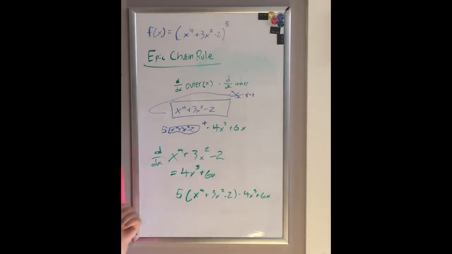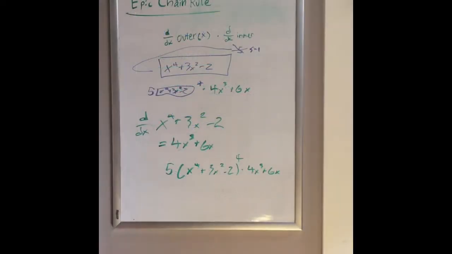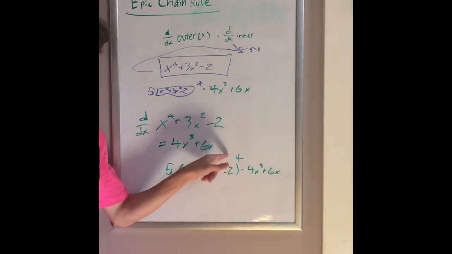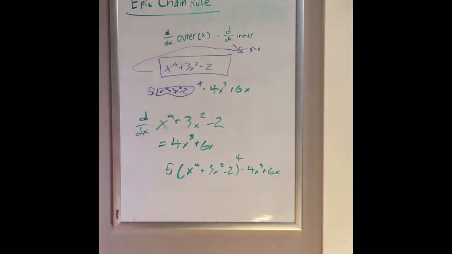And that's how you take the derivative using chain rule. I forgot that this is raised to the power of 4 right here. This is the derivative. As it says, it's right here.